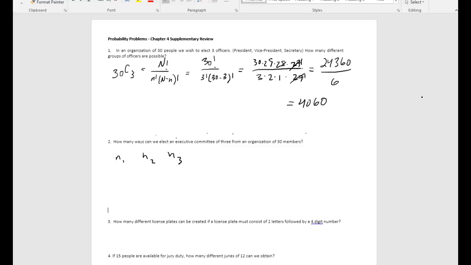Now, we're not talking about the whole 30 people, we're just talking about within the committee. Well, for president, we would have 3 choices, assuming we've chosen a group. And then given that we chose one for president, how many choices will we have for vice president? We would have 2. And then given that we chose one for vice president, we would have 1 left. So it's just going to be 3 factorial, or 6.